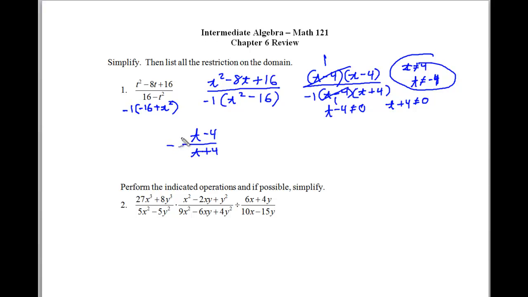As long as you have the -1 somewhere in the problem, and we wouldn't actually write the 1 stick here, even though my pen just slipped and that happened. So your answer could be -1 times t minus 4 over t plus 4, as long as a -1 is somewhere in the problem. And again, your two restricted values are t is not equal to 4 and t is not equal to -4. So this is your final simplified answer.